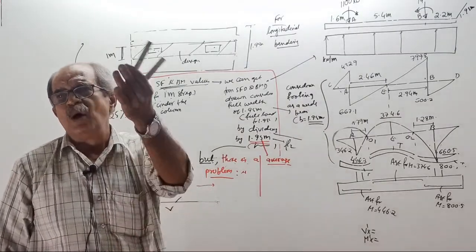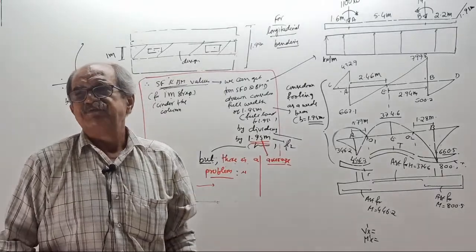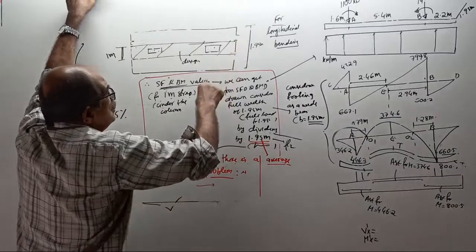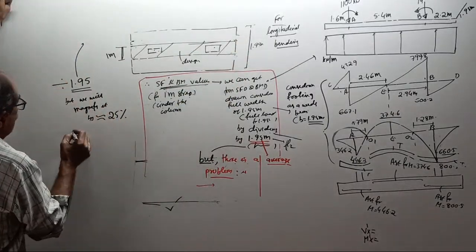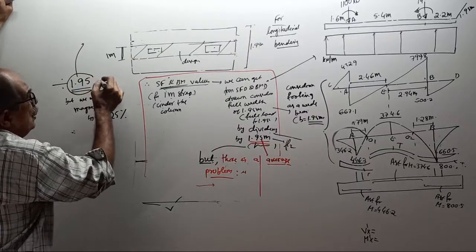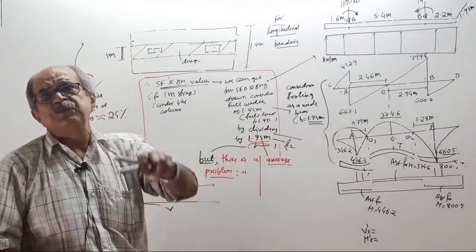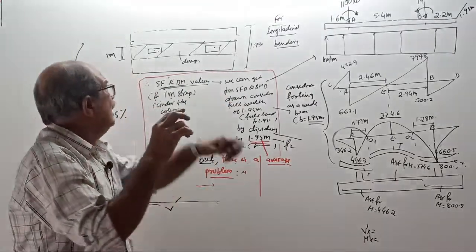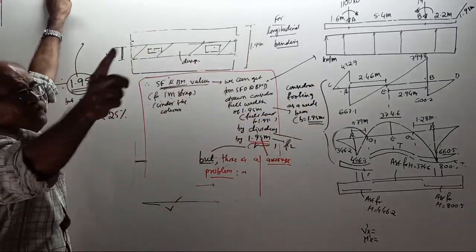Okay, but this is only for the learning procedure. Actually, if you go to software, it will take care of everything. It will not do it this way. With the finite element method, when you draw a strip here, it will give critical values. So, divide by 1.95 to remove that. Whatever you got for 1.95 width, you are reducing to 1 meter. Clear? Because these are the results for a width of 1.95 meter.